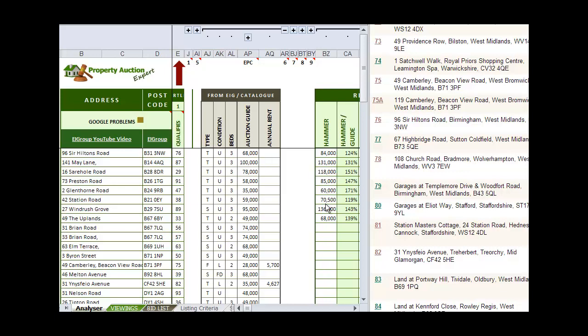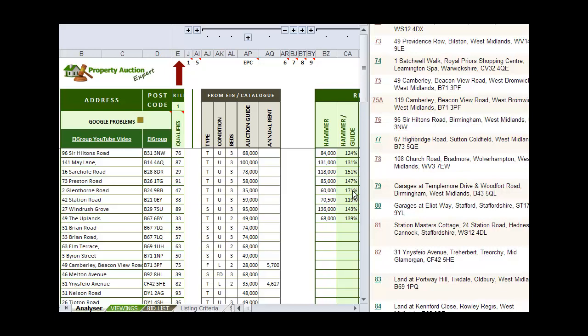Now if you complete these auction after auction on a specific auctioneer, you may see a trend starting to emerge. If we look at this trend, there's one at 171%, and then there's one at 151%, but after that they're all below 150%.